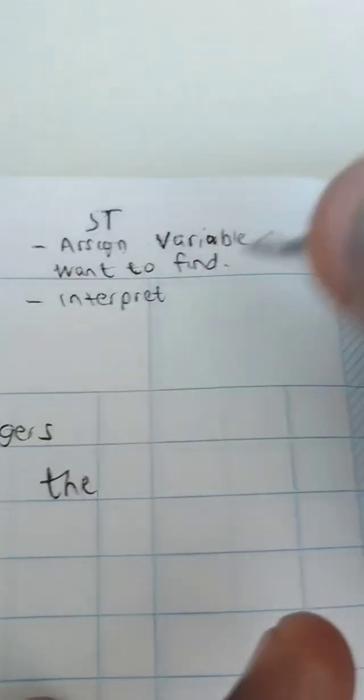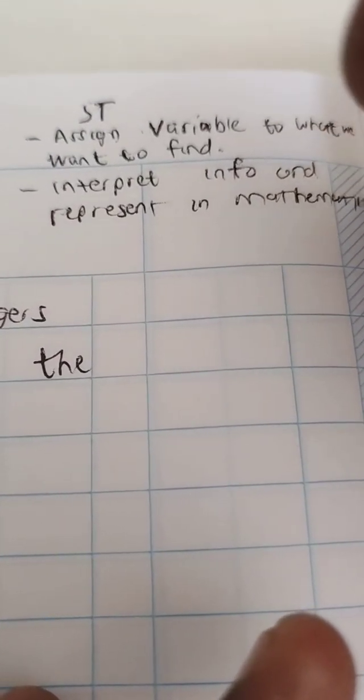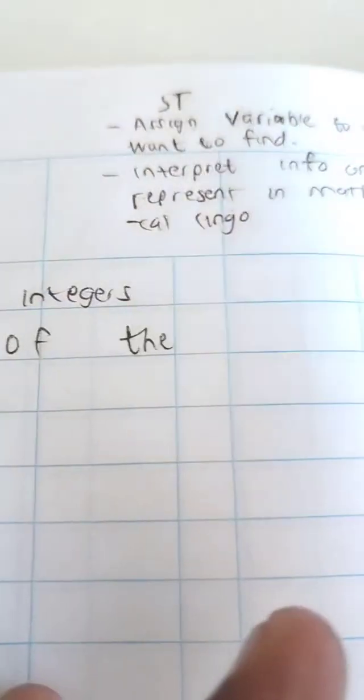then of course we interpret the info that is basically given to us. We interpret the info and represent it in mathematical language, mathematical lingo.